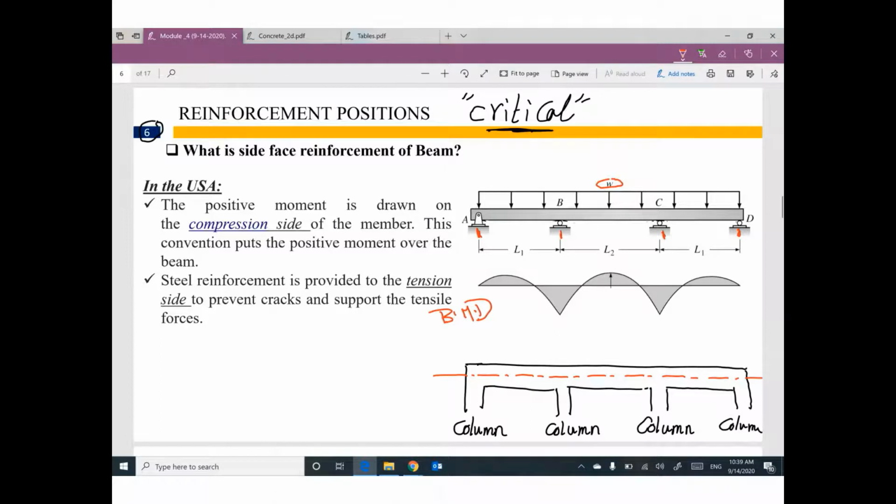In the United States, what we learned in structural analysis is that the common direction of moment is drawn on the compression side.